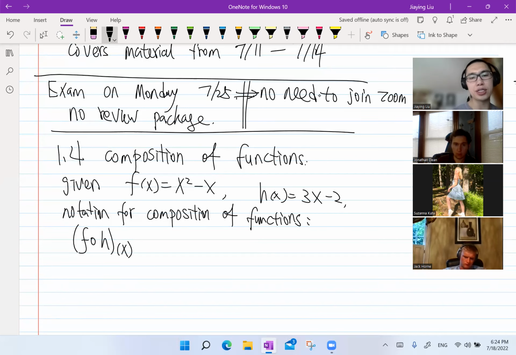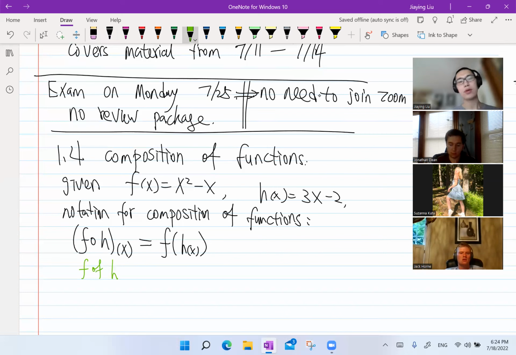So that's one notation. You can write this as f of, with the parentheses, h of x. So putting the h of x inside the function f of x, but where the x should be. So both are equivalent. This is the f of h, and it's the same thing, f of h, right here.